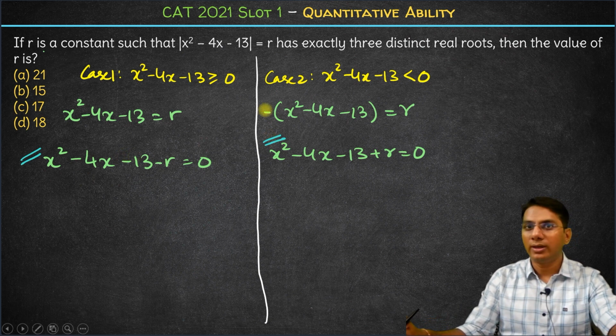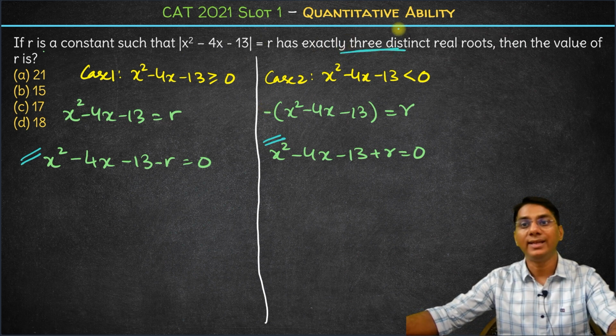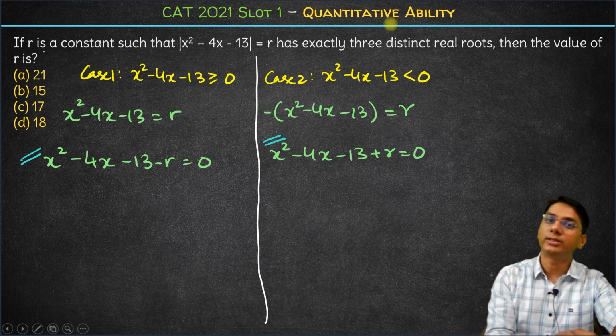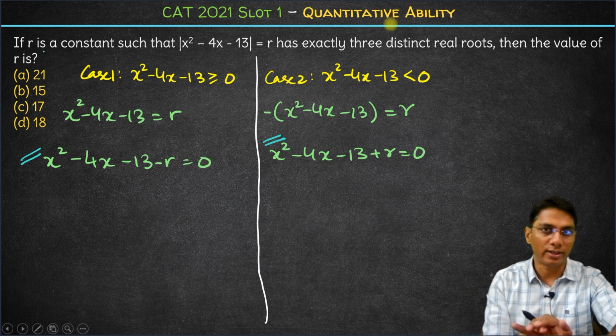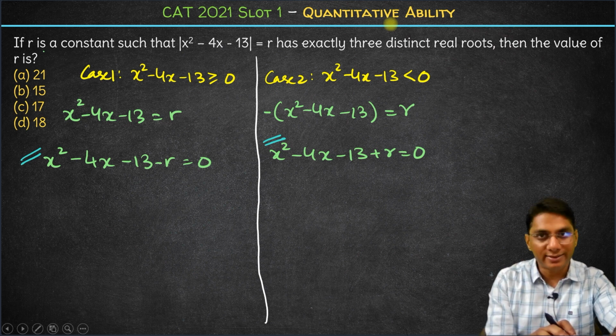Now if there are two quadratic equations, we'll ideally have 4 real roots. But here we have exactly 3 distinct real roots. How is it possible? A quadratic generally has 2 real roots, so two quadratics should have 4 real roots, but there are exactly 3 distinct real roots.